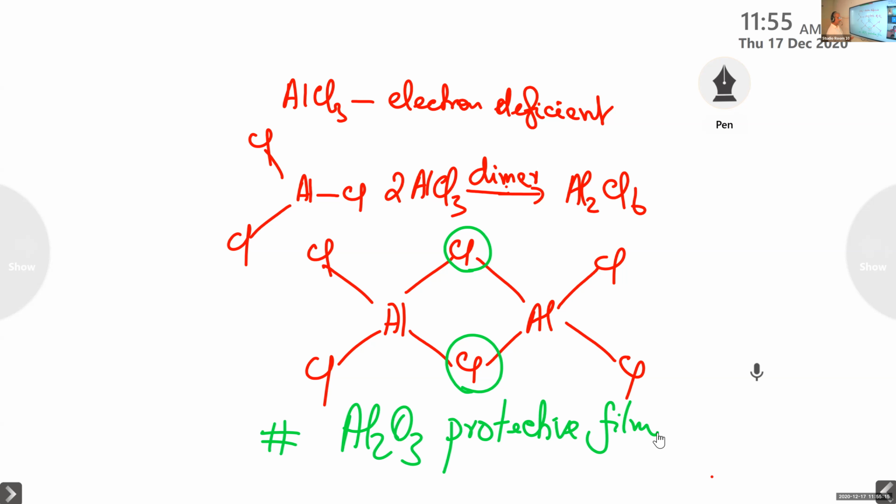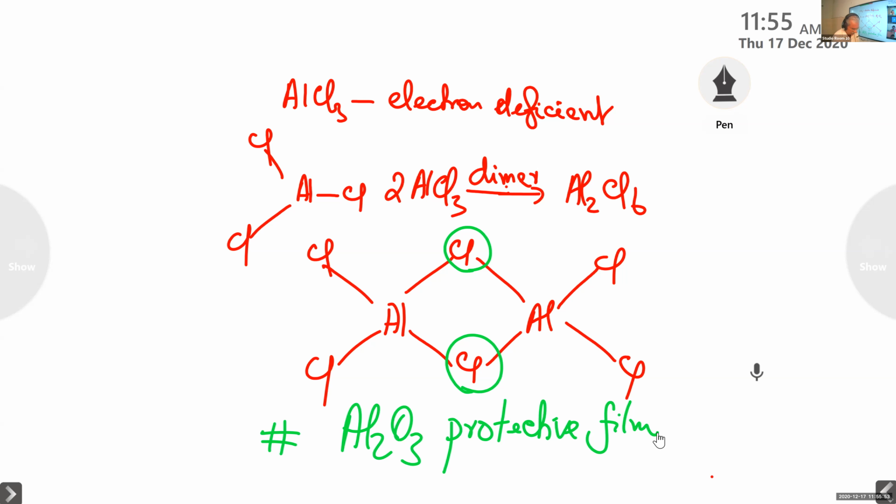First of all, the surface is prone to corrosion, that is, formation of aluminum oxide. But this aluminum oxide forms a very nice protective coating, a protective film, and that film protects aluminum from further corrosion.